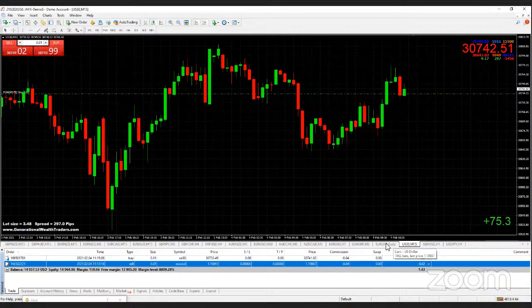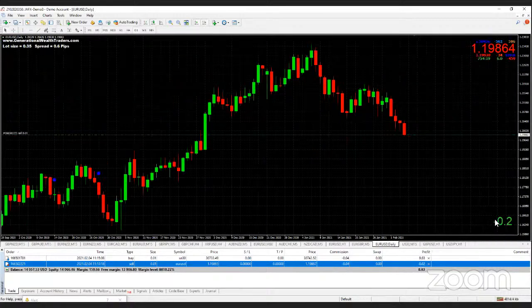So let's go back to Euro USD, which is what most Forex traders know. It's currently at minus 0.3 pips. That's fine. So this is where we enter. This is the price at which we entered. That's the price at which we enter the Euro USD.